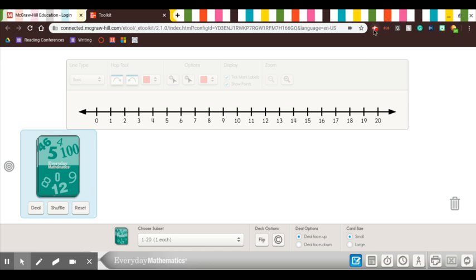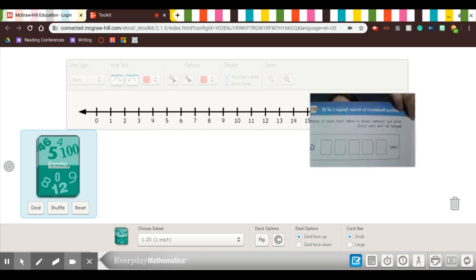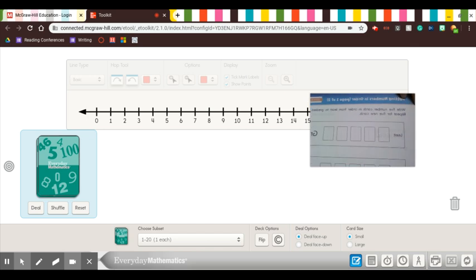So this is what that looks like. Let me put this back on. Okay, so if you have the book, you'll see these rectangles. And if you do not have the book, you can just draw them. Just draw 5 little rectangles, or you could even just make little lines if you want.